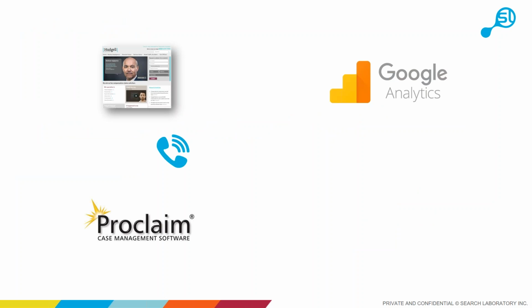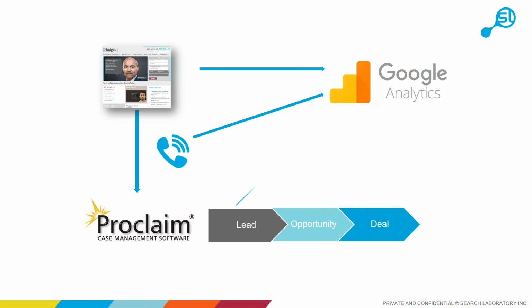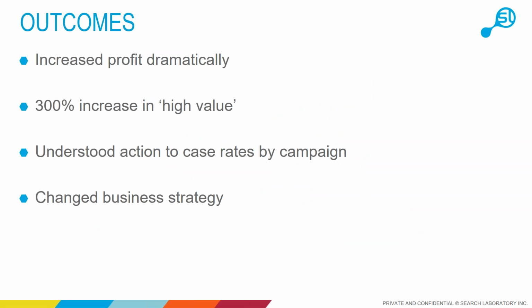So, to sum up the overall solution, we've always had the ability to track web forms, page views and phone calls into Google Analytics, but the customization and integration now pushes this client ID into Proclaim, their CRM, and once that information is there, we can track any information about what happens offline, so leads, opportunities and deals, or in their case inquiries, cases and won cases.